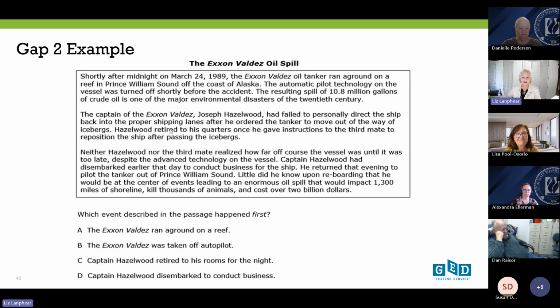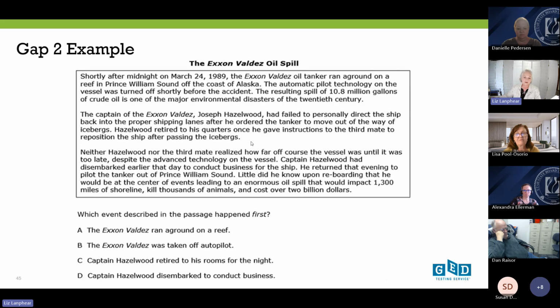Was that the first thing that happened? The Exxon Valdez was taken off autopilot. Captain Hazelwood retired to his rooms for the night, and Captain Hazelwood disembarked to conduct business.